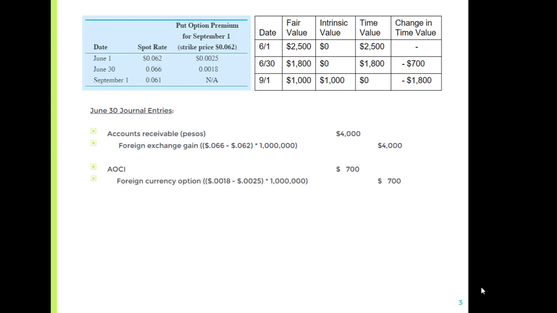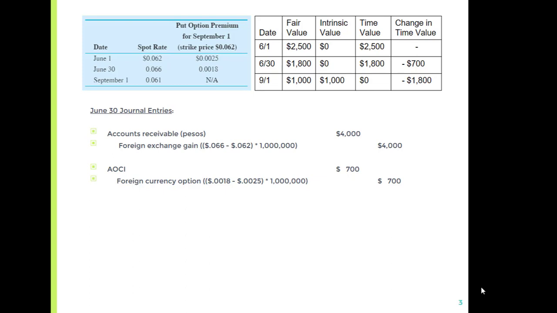Next, we adjust the carrying value of the foreign currency option, and the value has declined based on the change in the put option premium between June 1 and June 30. And the change is $0.0007 per peso, which reflects a change in the time value of the option over the 30 days.